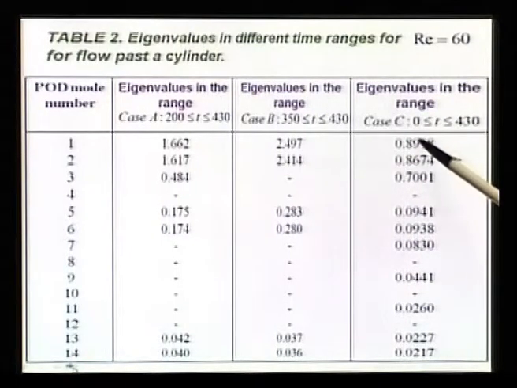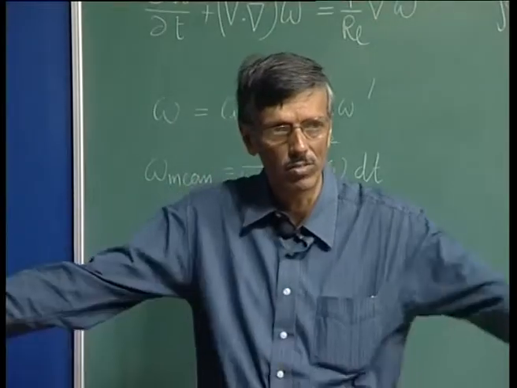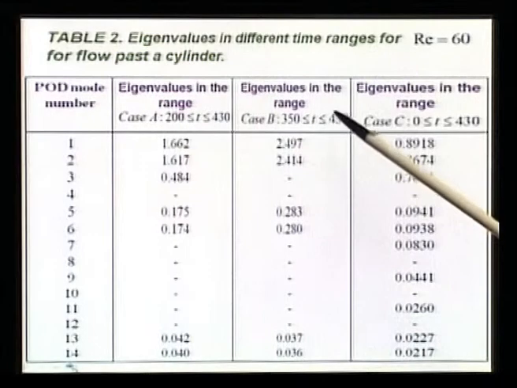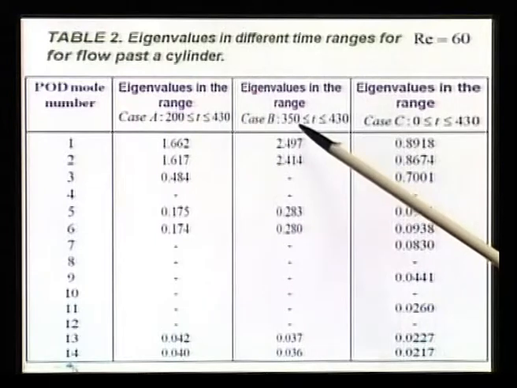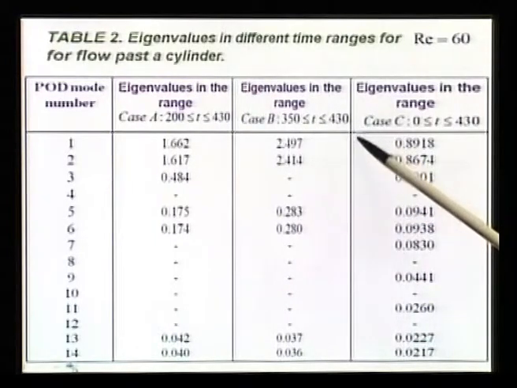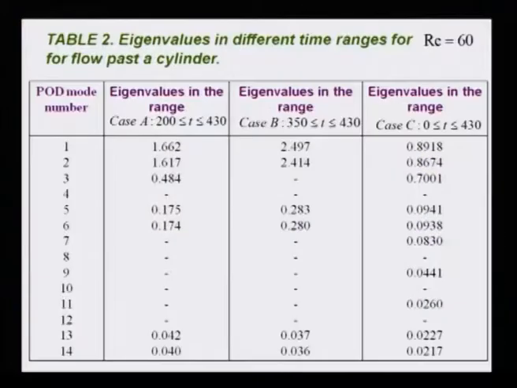Like the first is forming a pair with the second, this one is forming a pair with this, and so on and so forth, while these last two, 13th and 14th, also form a pair. Now, this is for the full time series. Suppose I look at only the equilibrium state, the data set from 350 to 430. Then what we notice is it is only a story of 3 pairs, nothing else.